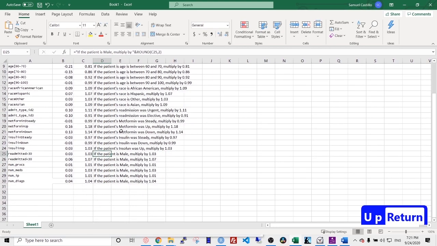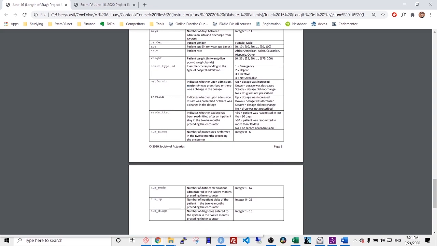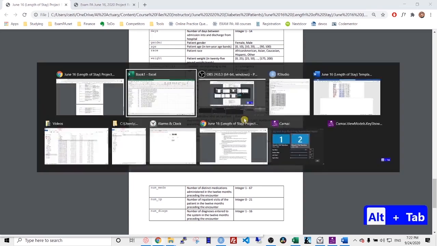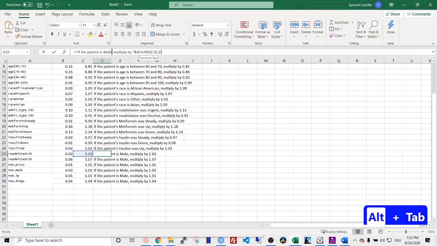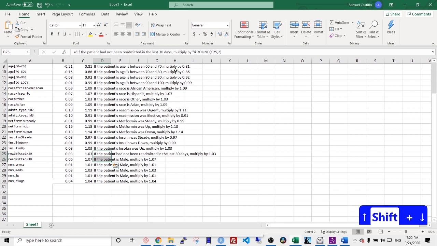Okay, we're almost there. We just have another 6 variables to go. So if readmitted indicates whether patient had been readmitted after an inpatient stay in the 12 months preceding the encounter. So this is either less. Okay, so if the patient had not been readmitted in the last 30 days, if the patient had been readmitted in the past 30 days.